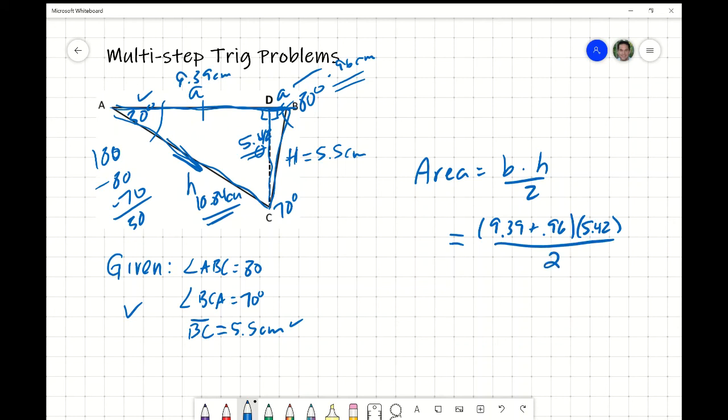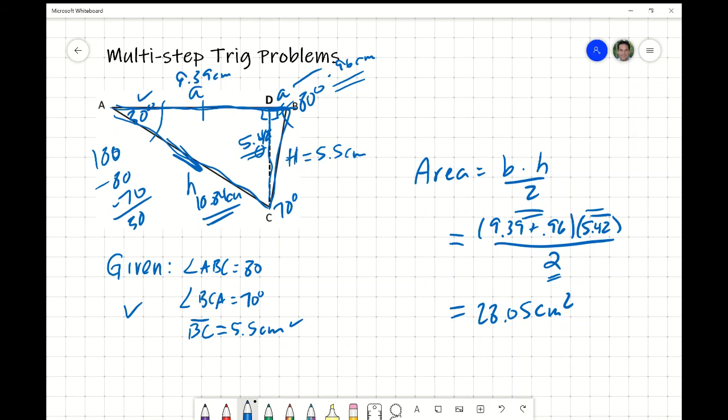And remember, we always have to divide by 2. That's the easiest thing to forget. So we add that together first, then multiply times that, and divide by 2 at the very end. What we come out with is 28.05 centimeters squared.